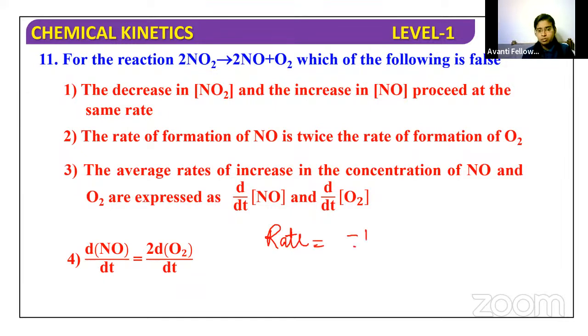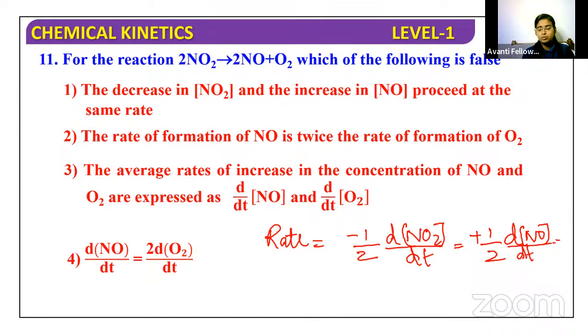So try to write the rate equation for this given reaction. So how to write the rate equation? Minus 1 by 2 dNO2 by dt, which is equal to plus 1 by 2 dNO by dt, which is equal to plus 1 by 1 dO2 by dt, right? So this is the rate expression. Now if I equate only these two, I can take this 2 to the other side. It will go to the numerator.